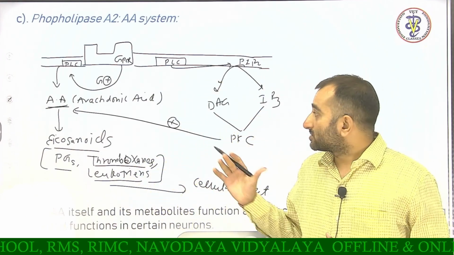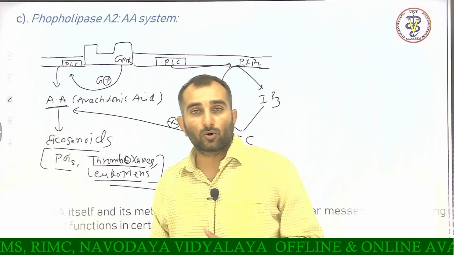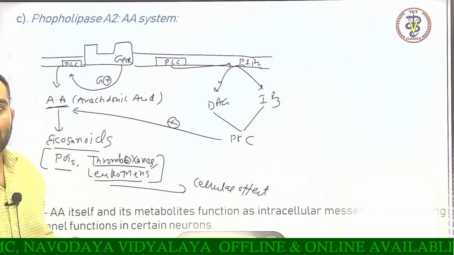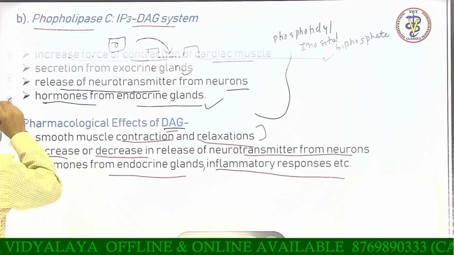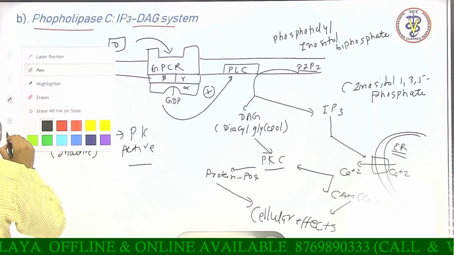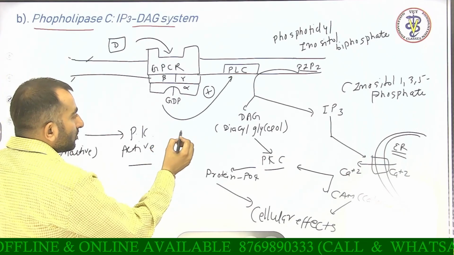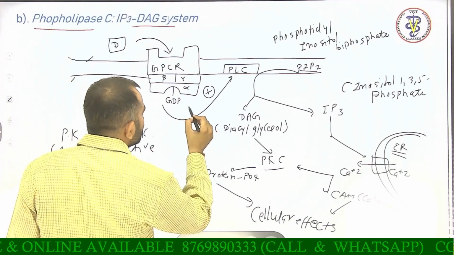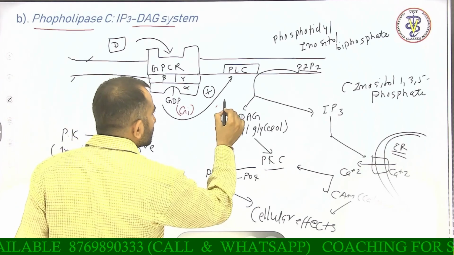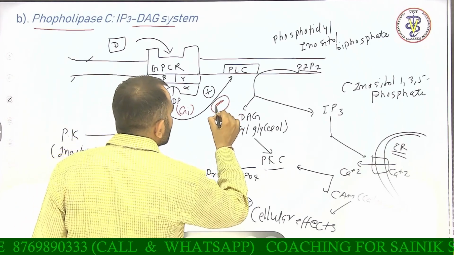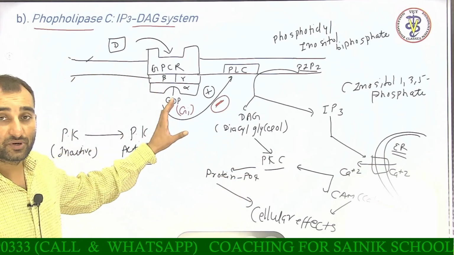So friends, this is the stimulatory effect of the G proteins, while the Gs proteins are involved in this mechanism, G stimulatory. But in some cases it can also be inhibited via G inhibitory protein. If G inhibitory protein is involved, this mechanism can be reversed or blocked.